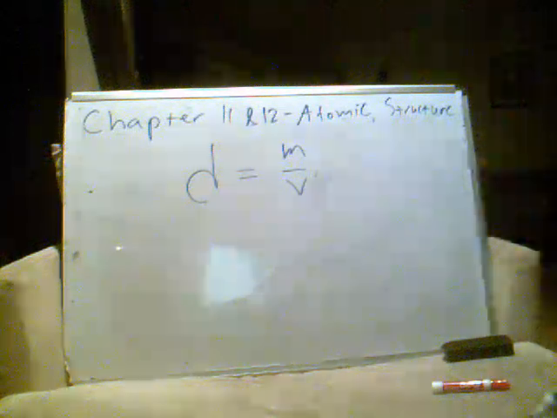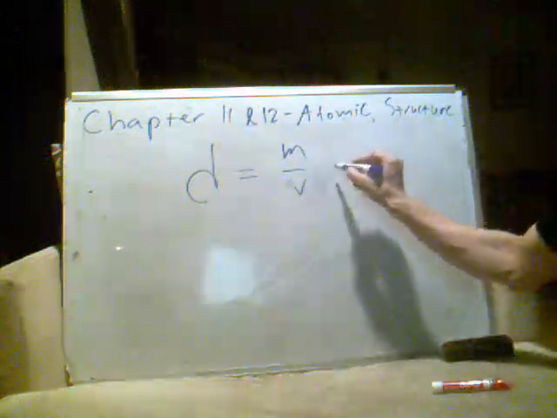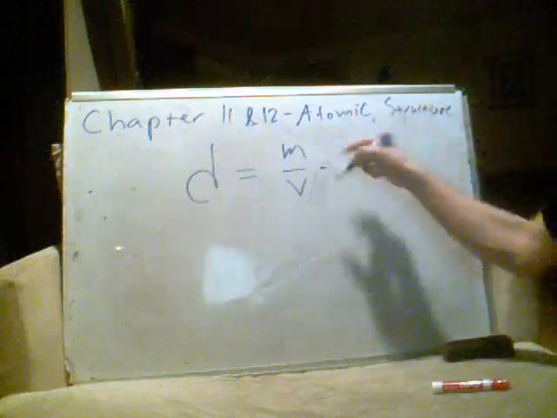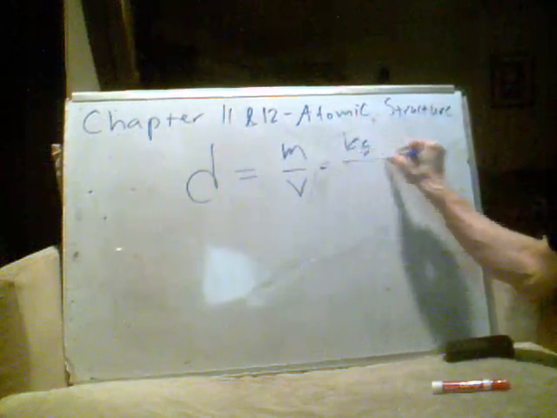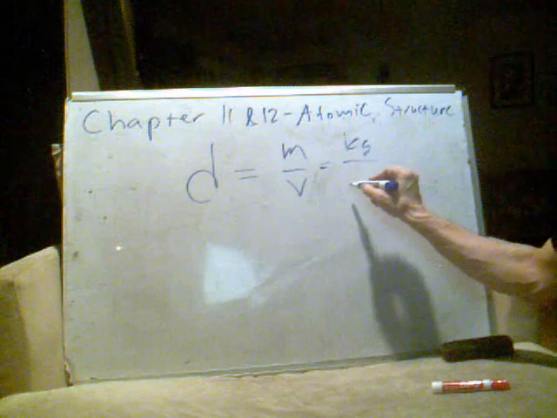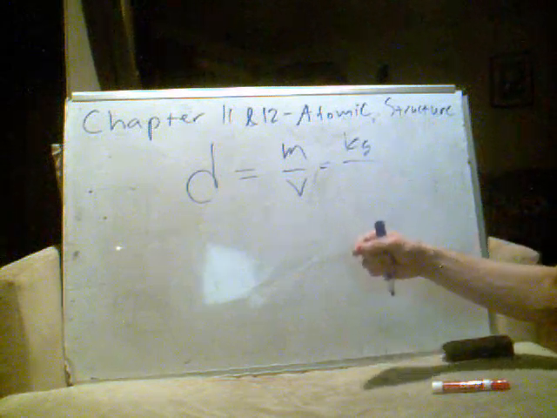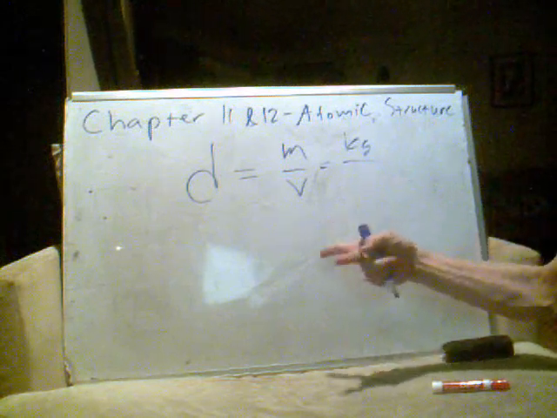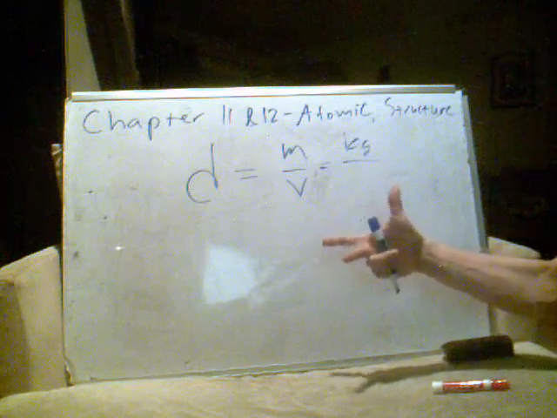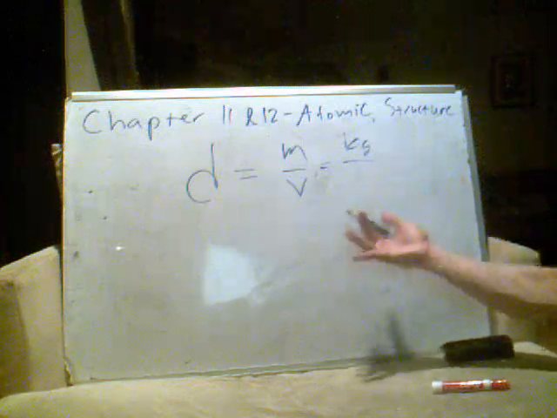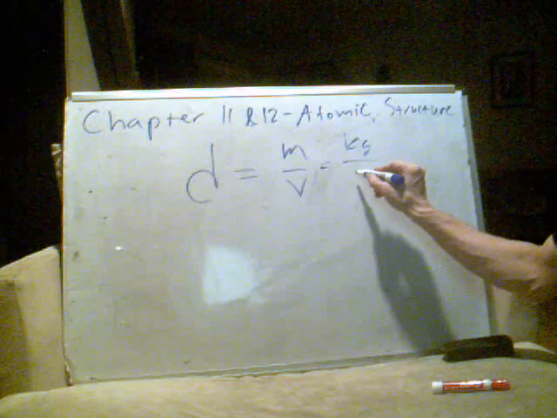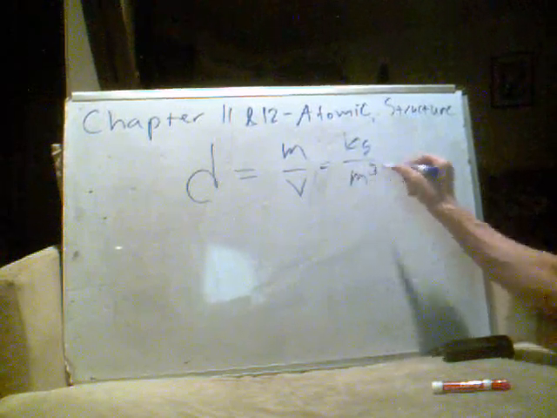What are some units for density? Well, strictly speaking, the unit that we have for mass is the kilogram, and the unit that we have for length is the meter, so meter times meter times meter, in 3 orthogonal directions, or 3 mutually perpendicular directions, is the cubic meter.